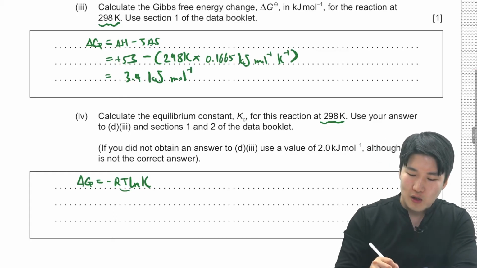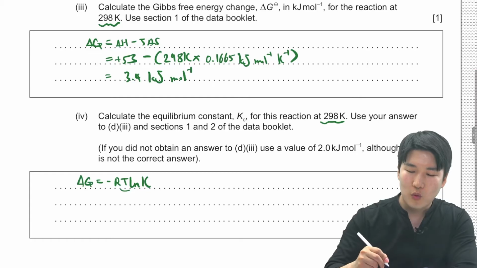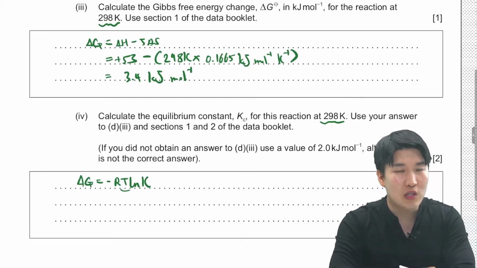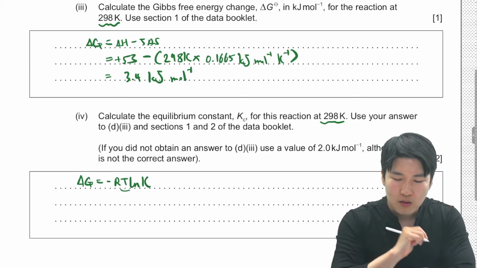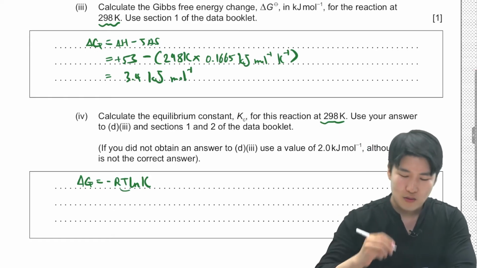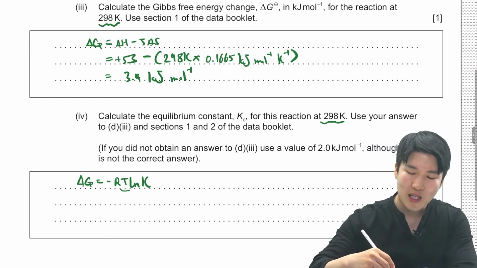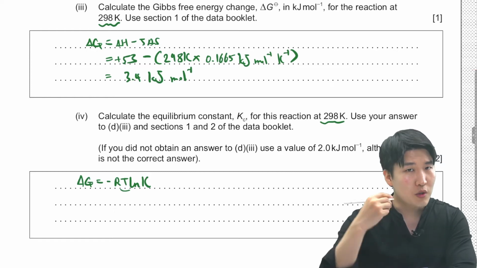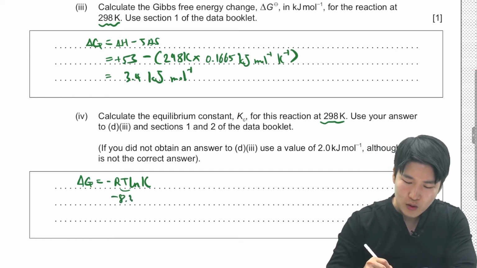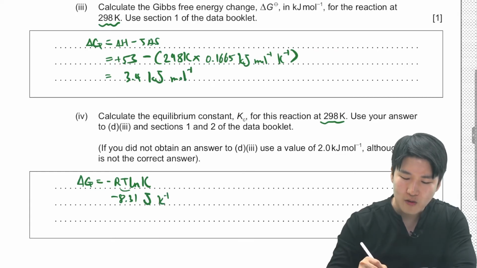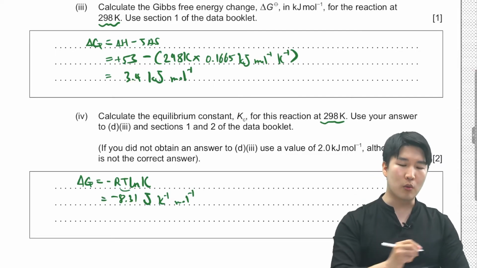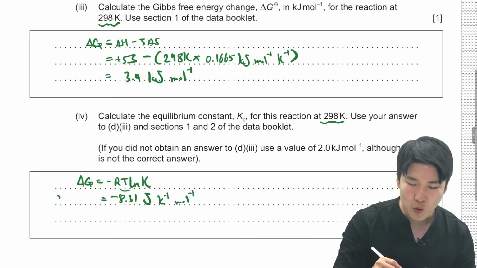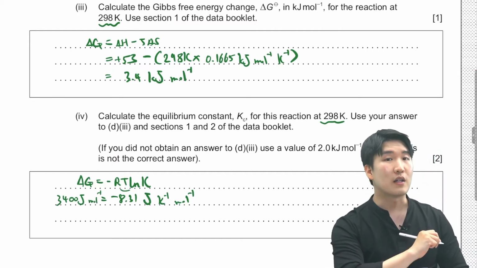So, delta G value we have calculated to be 3.4 kilojoules per mole, but we're not going to use that value, because you want to make sure that we use the same unit that will cancel out with the gas constant unit. What's the unit for gas constant? 8.31 joules per Kelvin per mole. We have to make sure that the delta G value we quote is in joules per mole. Therefore, not 3.4, but 3,400 joules per mole is our delta G value.